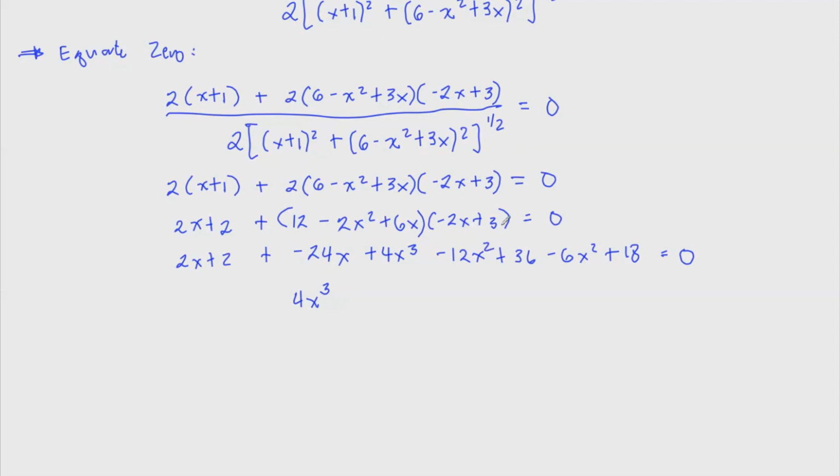Okay, so with that we end up with negative 18x squared and then 24, and then this one is 18x, so minus 4x, and then plus 2 plus 36, so that's 38, I think. Okay, so that is equal to 0.